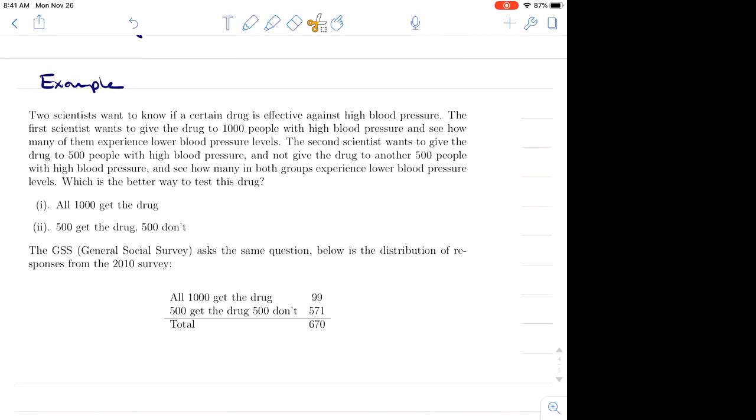Because in our minds, we kind of know that we have to have something to compare it to, right? The changes. And so 571 people said that, okay, go for option 2. That way you can see if there's any changes. 99 people said that all 1,000 get the drug. Right? And so depending on which of these groups we're talking about, that's going to determine which is our success, right?